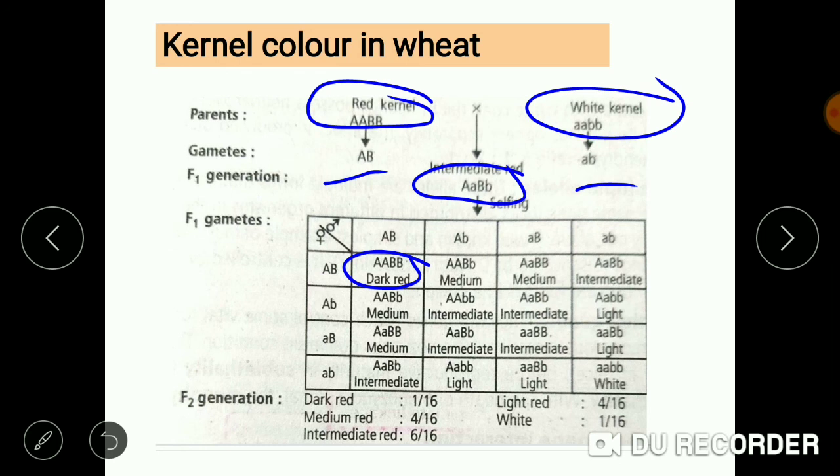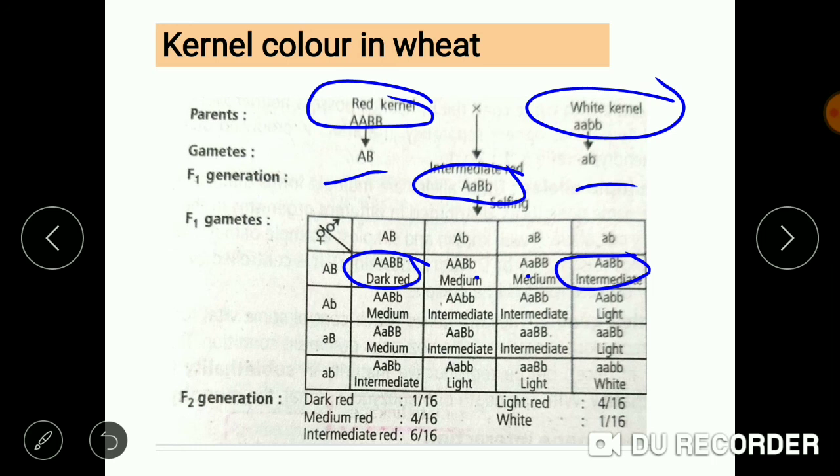You can say it is between the red and white color. The medium color is obtained in this case, as there is only one of the recessive allele present here, small b. If only one recessive allele is present, then a medium color is obtained, and if the recessive and the dominant alleles are present in equal amount, it will be an intermediate color.